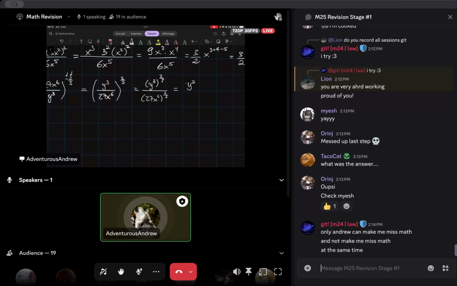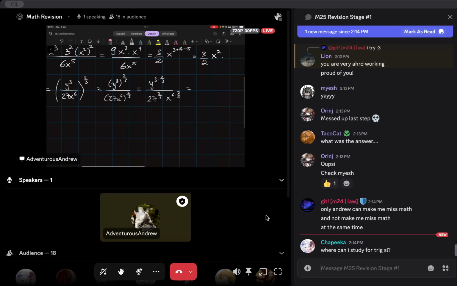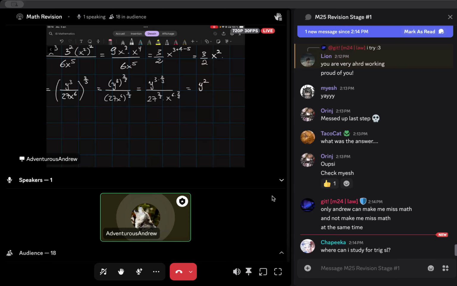Numerator, y squared. Okay, should I write out all the steps? That might be useful. Okay, 3 times 2 over 3. Downstairs, 27 to the 2 over 3 times x to the 6 times 2 over 3. Numerator, we have y squared. 27 to the 2 over 3. How do we evaluate this?